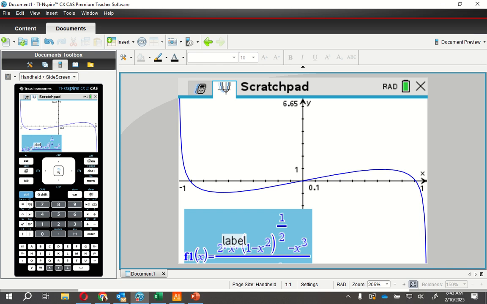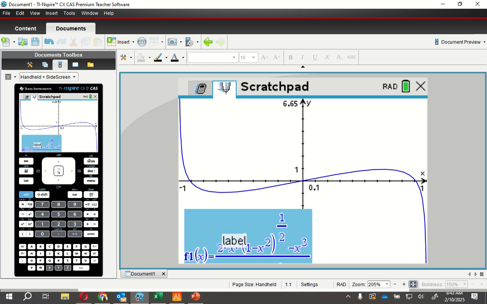Right here, it crosses the x-axis. What's that point? 0, right? And over here, it crosses right there. Guess what that one is? The positive square root of 2 over 3, right? Okay. So that's from my first derivative right there.